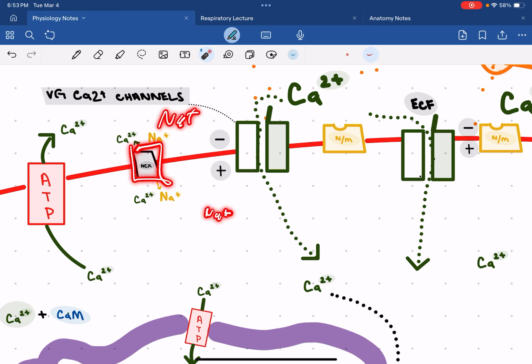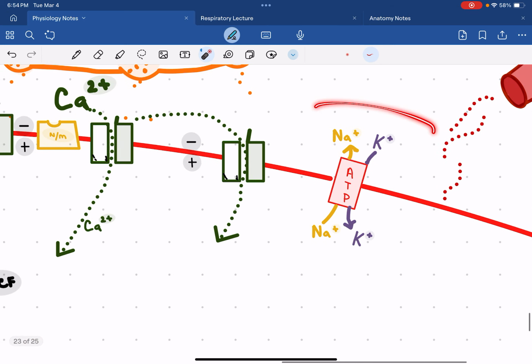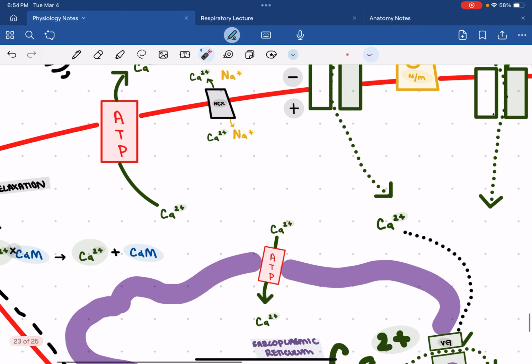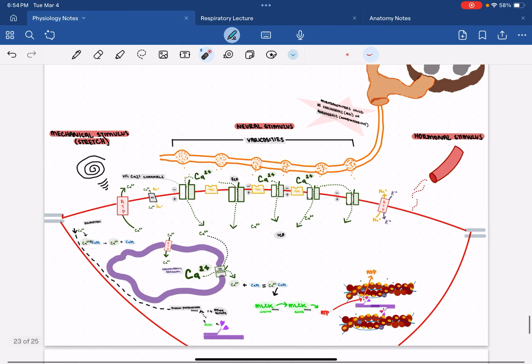When this opens up, sodium's like, yeah, I'm coming inside. This is an antiporter, so calcium's actually going to come out too. They're going to go opposite directions. So we have calcium leaving the cell, sodium coming in, and the only reason this happens is because this baby right here is working all the time to set that natural state. So that is how we eliminate calcium in the ICF, by putting it back into the sarcoplasmic reticulum and putting it back into the ECF.